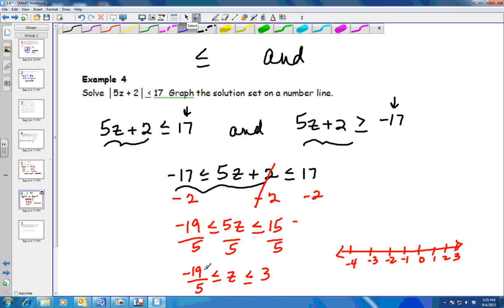Okay, so I'm going to start at negative 3.8 because that's what this is. It's going to be a closed circle. I'm going to go to 3 and it's a closed circle. And then it's what they have in between.